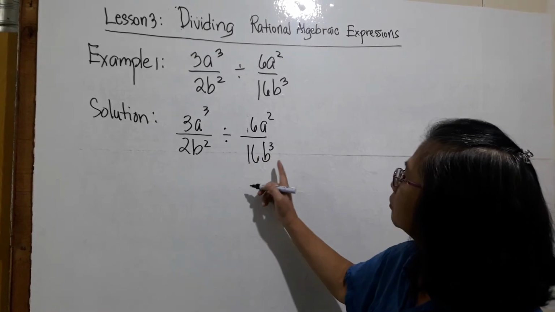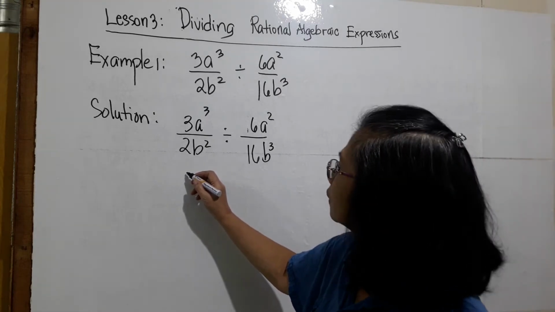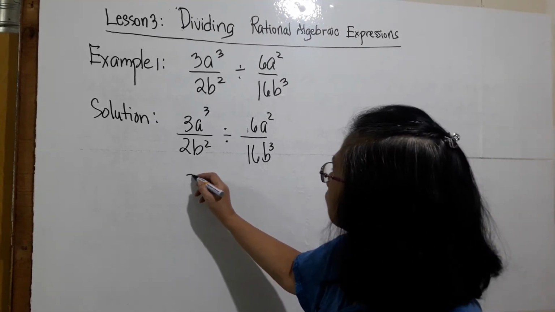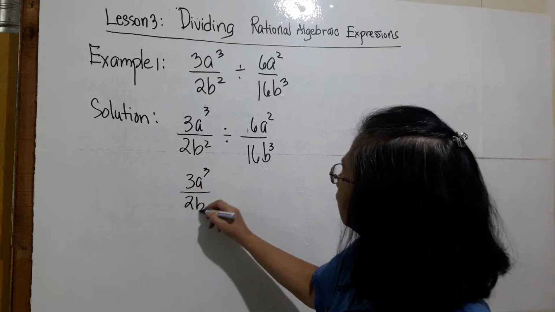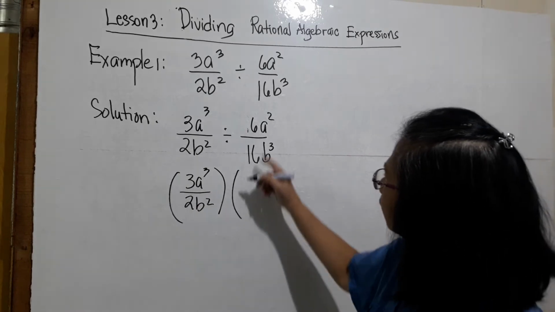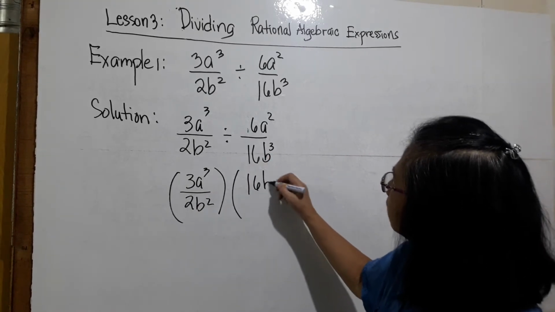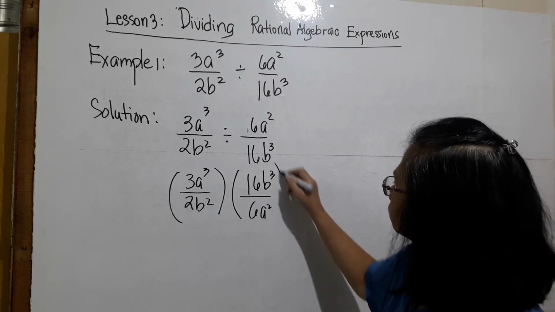So therefore, we need to copy first the first rational expression, 3a cubed over 2b squared. This time we now multiply 16b cubed over 6a squared.